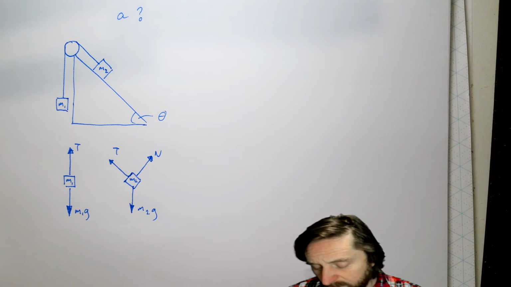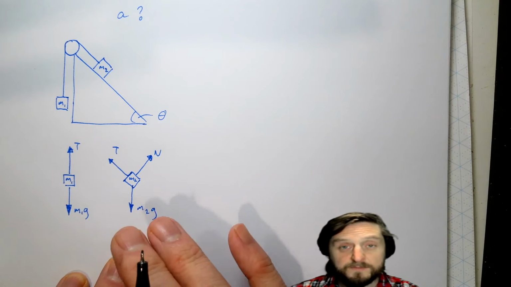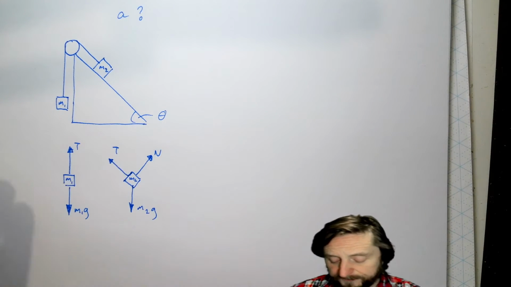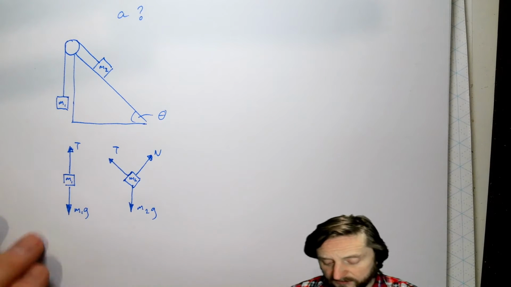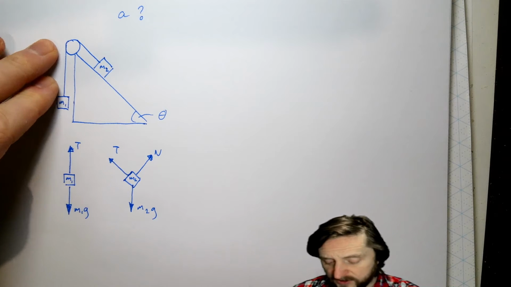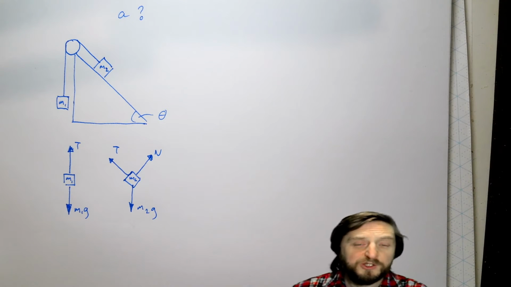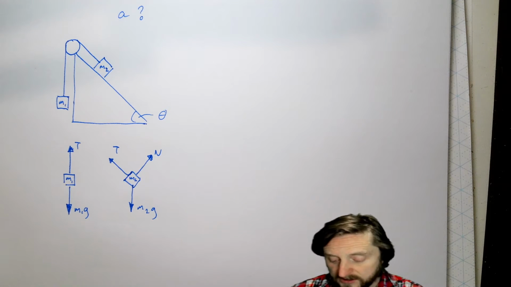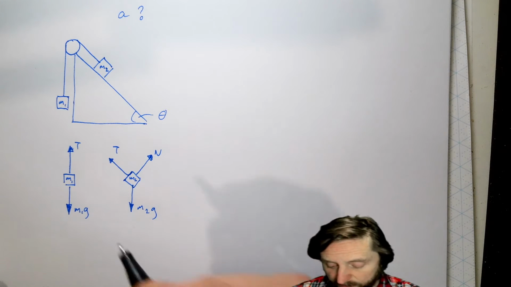Now when we've done ramp problems, we've seen how it's best to align our axes along the ramp. And for just vertical like this, we saw from the last problem, it's easier to align it vertically. So which way do we put our axes? Well, actually, each body can have its own set of axes. That is okay, as long as you keep track of how things like the accelerations transform between the two.